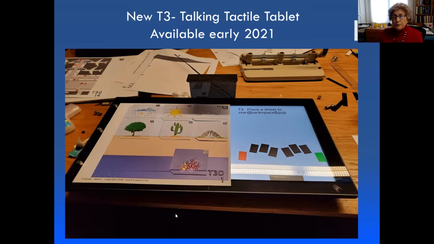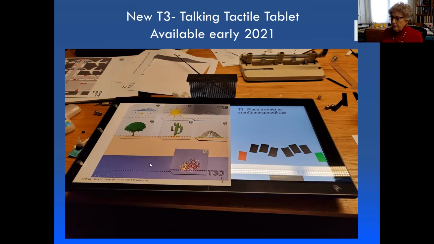Even though many of them don't learn to read Braille, they tend to use audio. At least they need to have good tactile skills for a whole bunch of things. Anyway, this is what it looks like, and these are some materials that are going to be part of a set of training materials for teaching tactile skills.